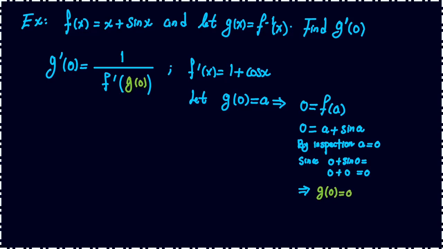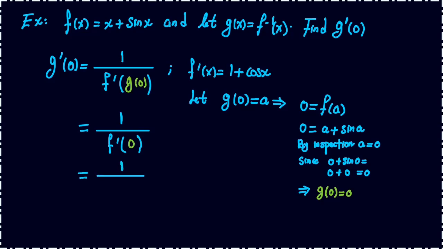And we're going to plug that into our formula, which is 1 over f prime of g of 0, which is 0. It's just a coincidence that the output and the input of g in this case are both 0. They don't have to be. Again, we have the derivative of f.